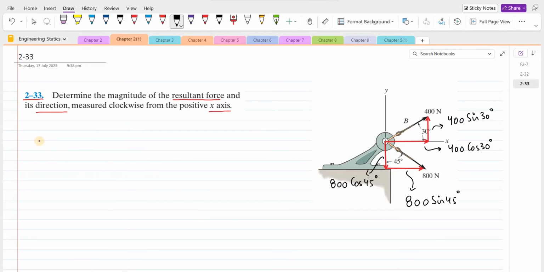Now for the resultant force, the x component of the resultant force, which is F_Rx, is equal to the sum of the forces in the x direction. I am considering the right-hand side as positive.